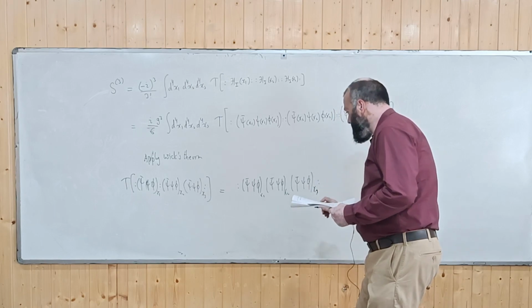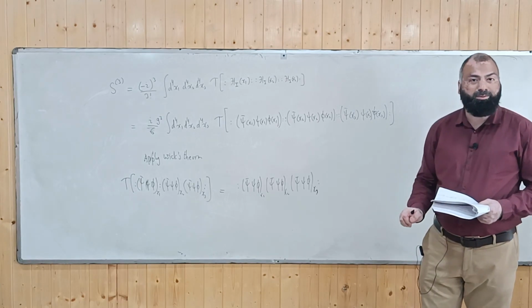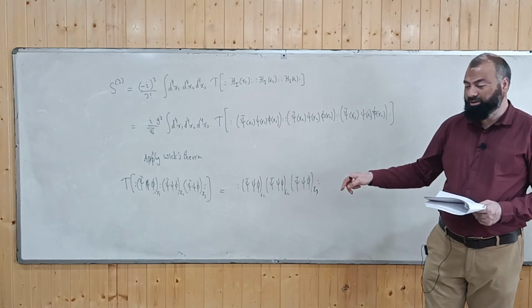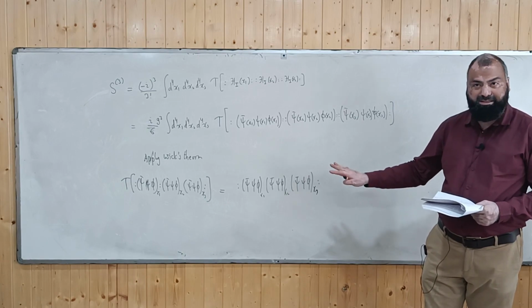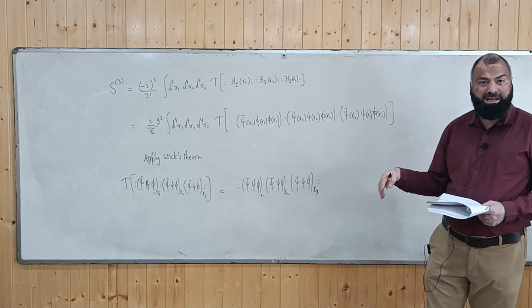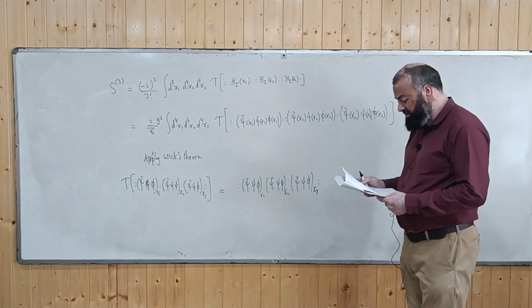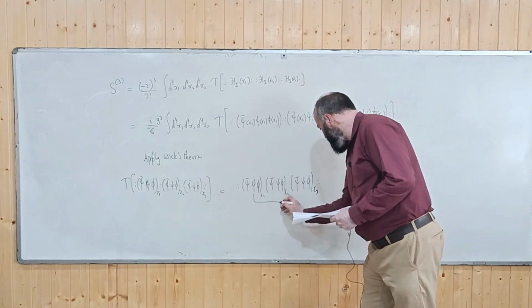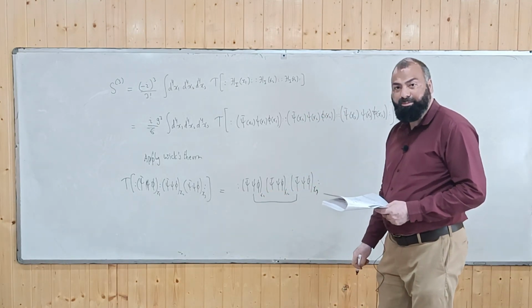So let's take, how many possibilities are there? There will be many possibilities. You have to contract the 6 fields, I mean 3 pairs you have to make out of these fields. One of the possibilities will be like this: you take this psi and contract it with this very psi bar. Take this kind of pair.